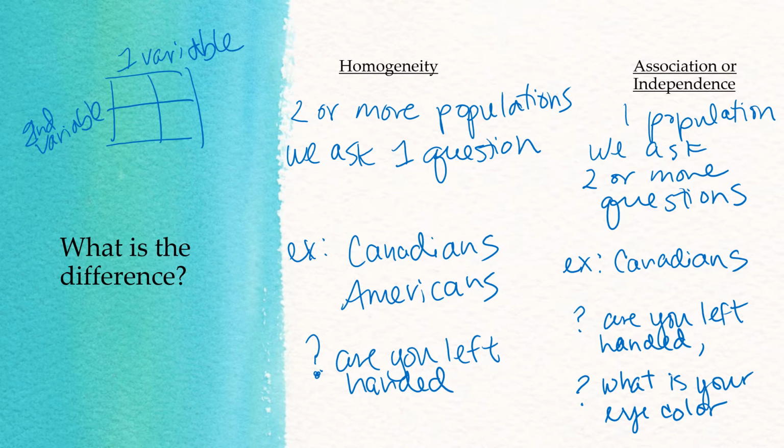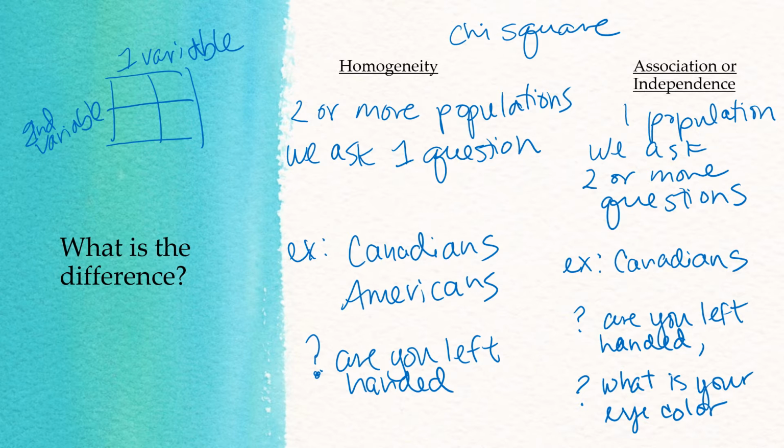Technically, for that one, I could do a two-sample z-test for proportions, like a difference in proportions. So this is really tricky to look at the difference between all three, and I think that's what makes this so hard.